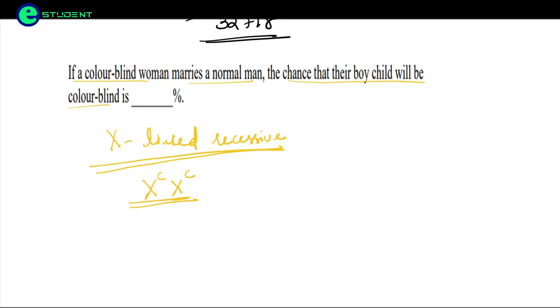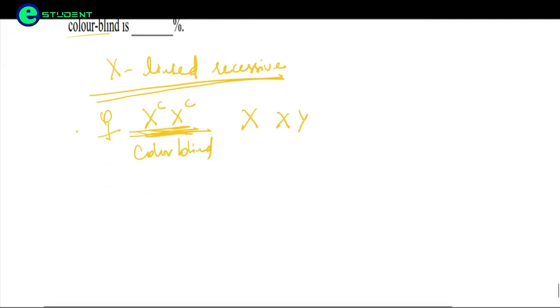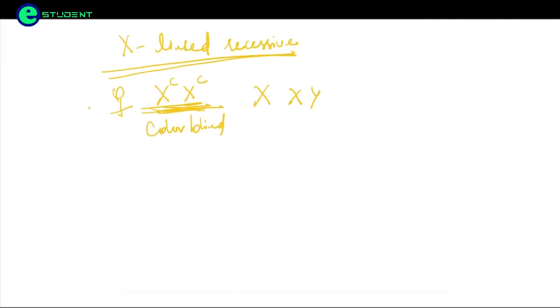They will actually be having the color blindness. So this color blindness in women, this is happening in the case of women. Okay, they are mated with an XY normal man here. So here it is going to produce X^c here, X^H and Y here.